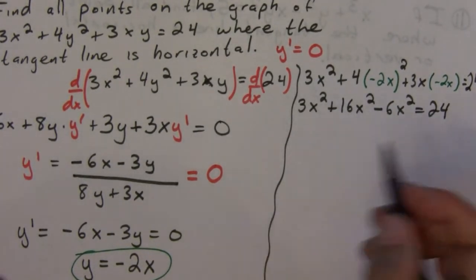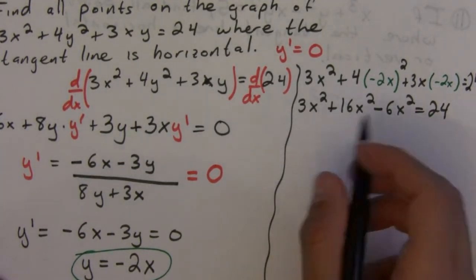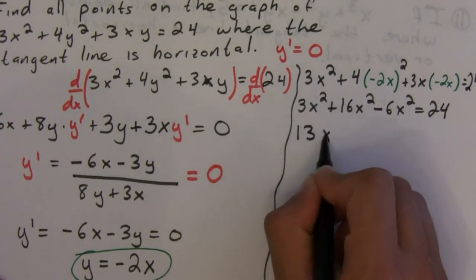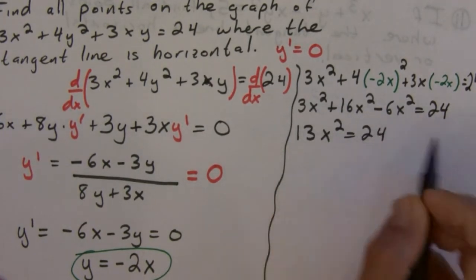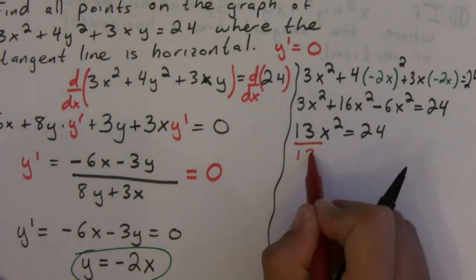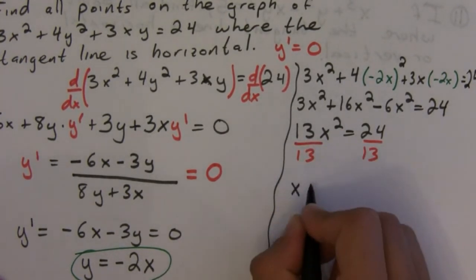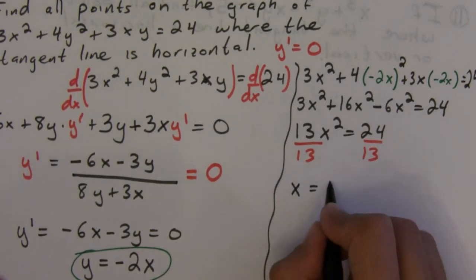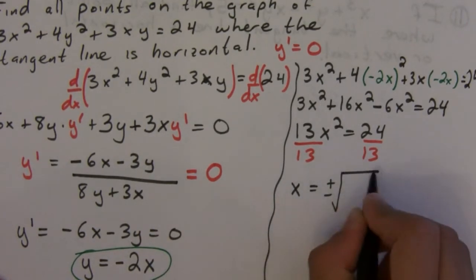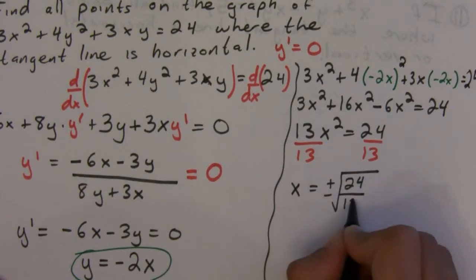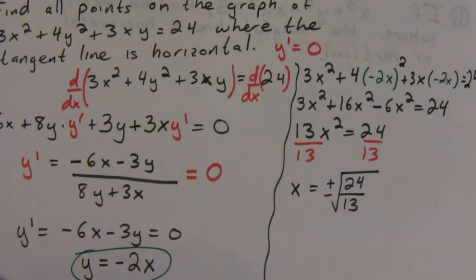This is equal to 13x squared equals 24. Divide by 13, and I get that x is equal to plus and minus the square root of 24 over 13.